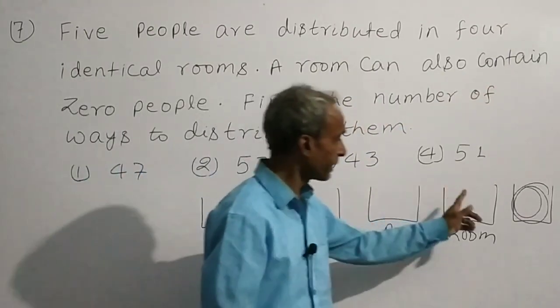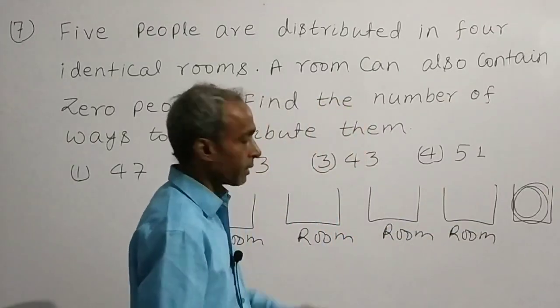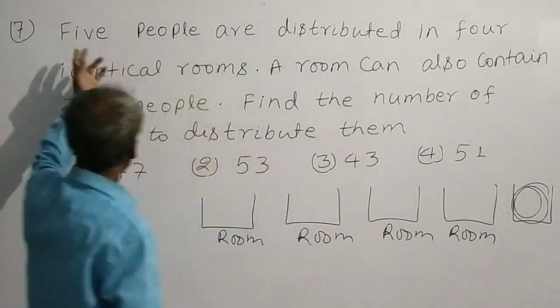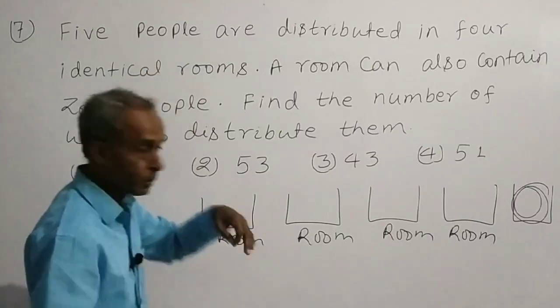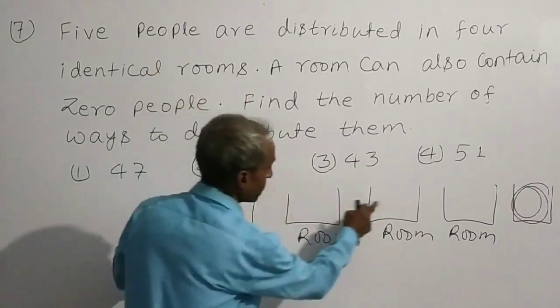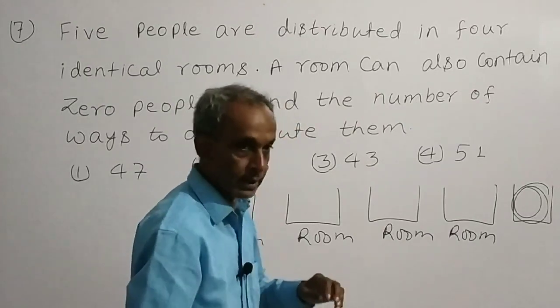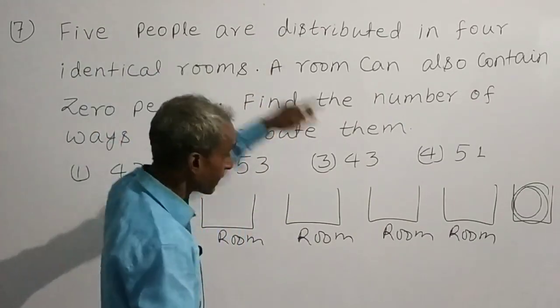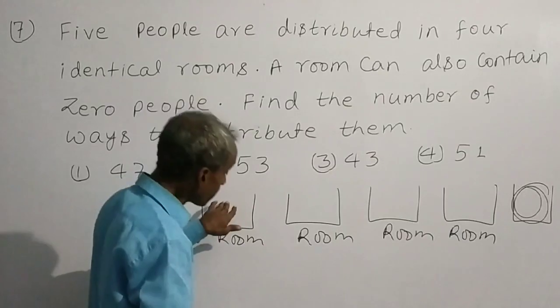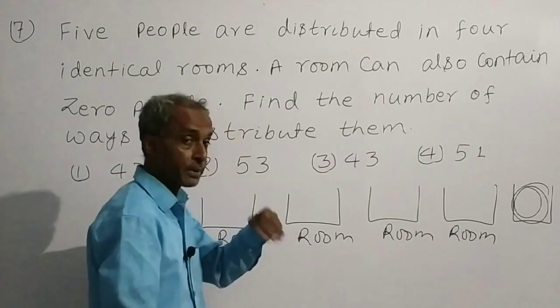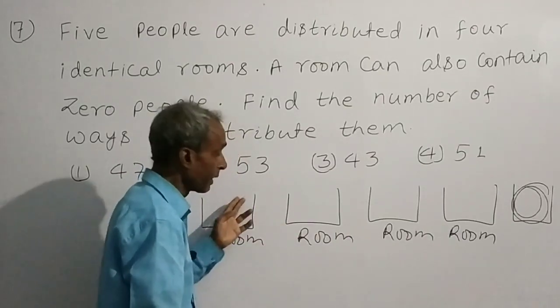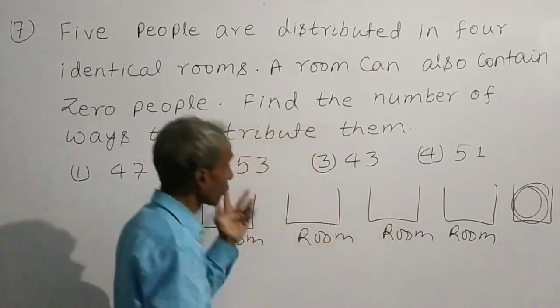If one contains 0 people, then all these 5 people will be distributed in these 3 rooms. This will be the case that 5 different things are distributed in 3 identical boxes.